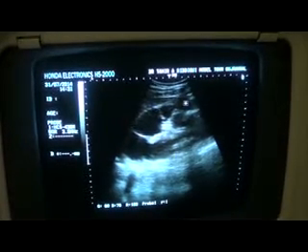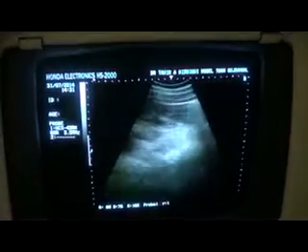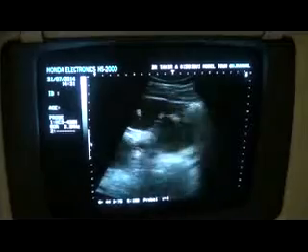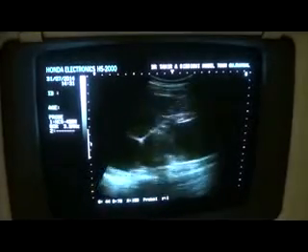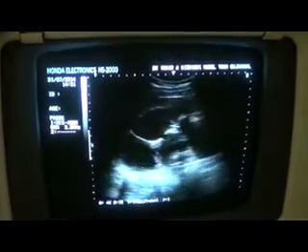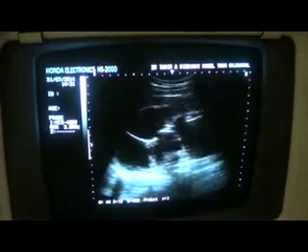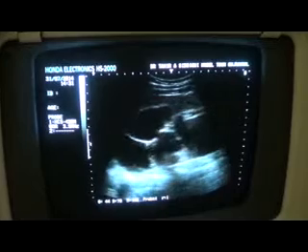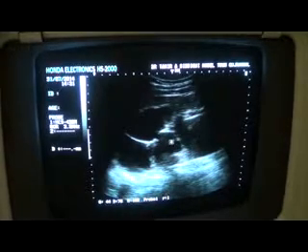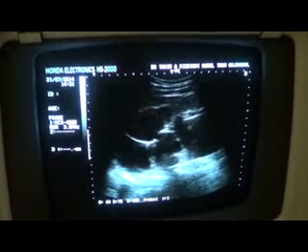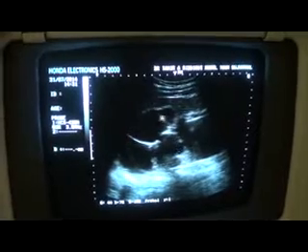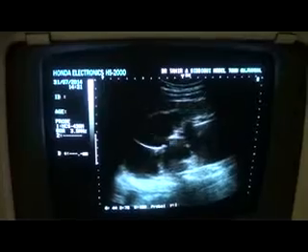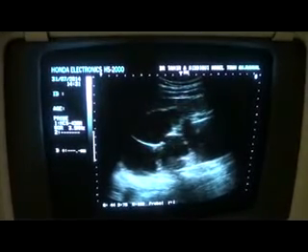No irregularities seen in this region, neither in the lower pole. So the outer surface is regular. Moreover, the areas that are appearing as cystic areas do not appear to be of variable size, and they appear to be communicating with each other. Here you see they are communicating with each other.